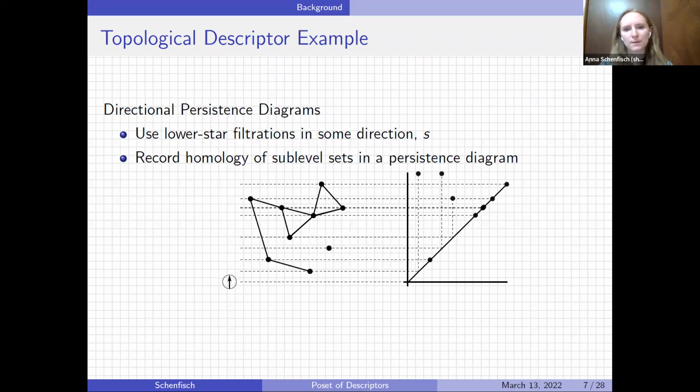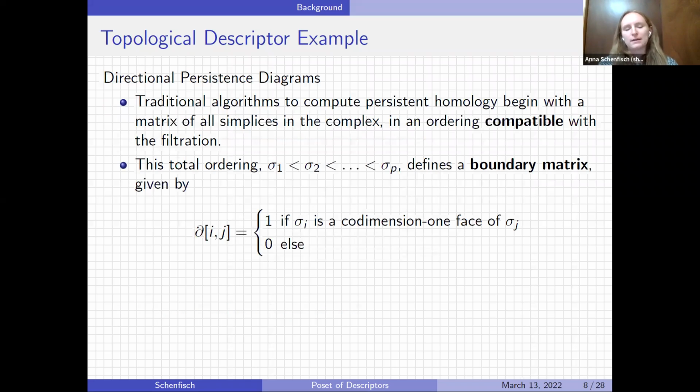If you looked at this diagram, perhaps you were asking the question, why have I included these on-diagonal points? That's not something we typically see in a lot of instances of persistence diagrams. There's a really good justification for including them, and it all comes down to the fact that they're usually actually computed, they're just omitted.